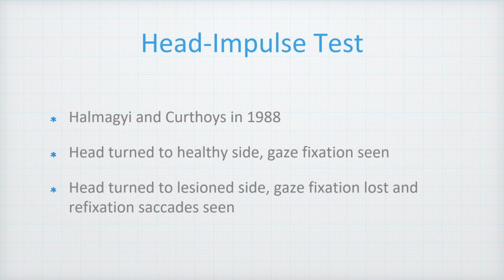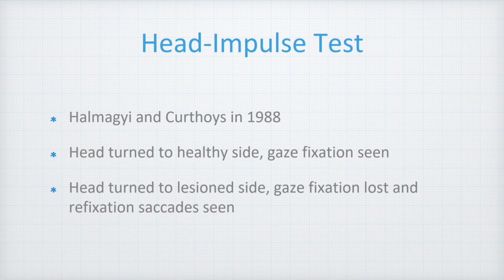But when you turn their head to the disease side, say the right side has the disease, when you turn the head to the right, then the patient's eyes also move to the right. Okay? So if the patient has right-sided disease of the peripheral vestibular system, then if you move the head to the right, the patient's eyes also move to the right. The patient is not able to keep their eyes fixed on the distant object.